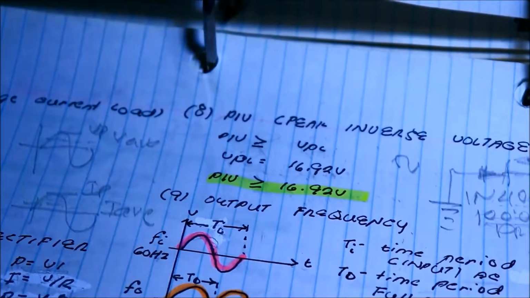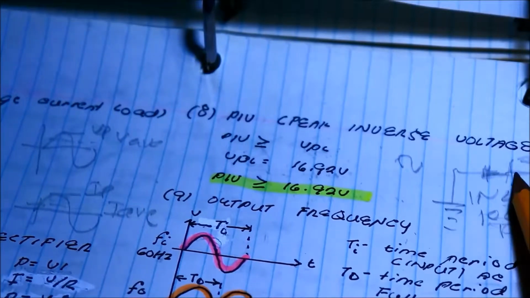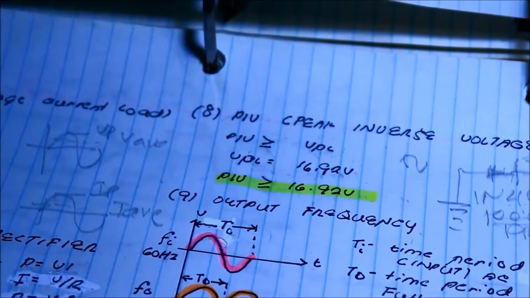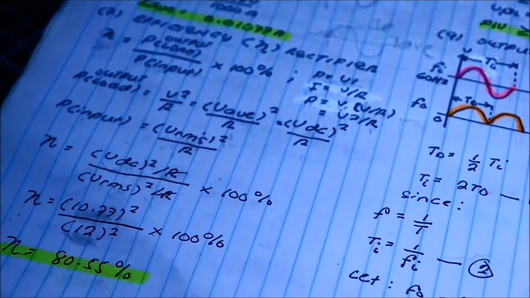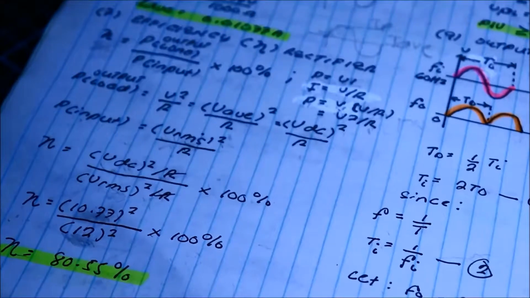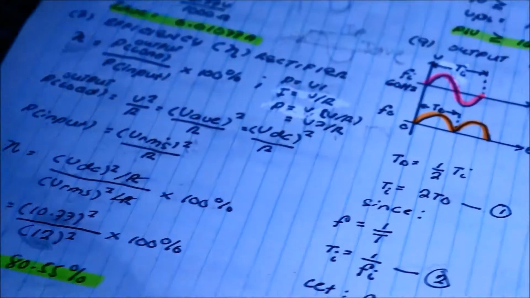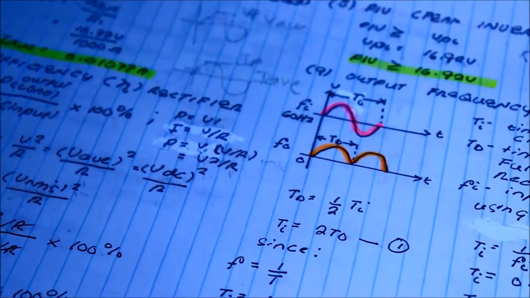RMS of the transformer 12 volts, but for the diode, according to the data sheet, 50 volts RMS, the capacity. That is now the peak inverse voltage, the reverse voltage of the diode necessary in order not to burn out.